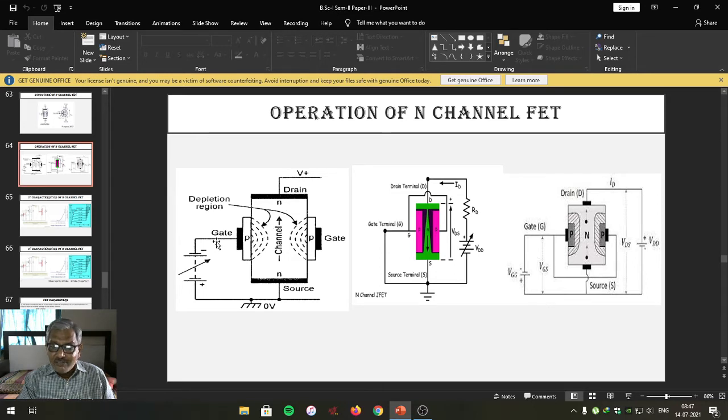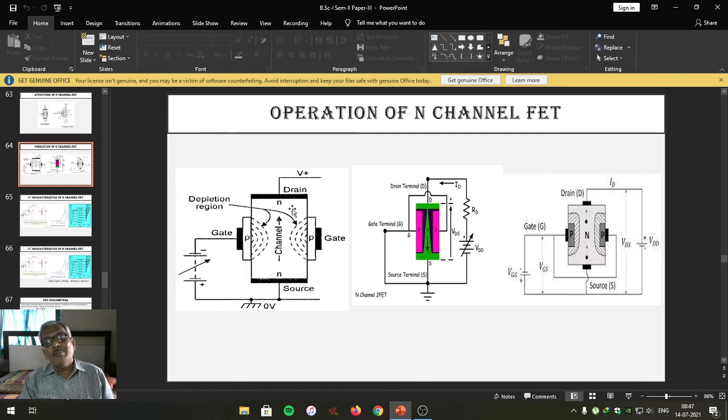As we go on increasing the gate to source voltage, the depletion layer between the P region and N region starts increasing like this on both the sides simultaneously. When the width of the depletion layer between gate and source increases, naturally every time the channel width goes on decreasing, so as to reduce the drain current.